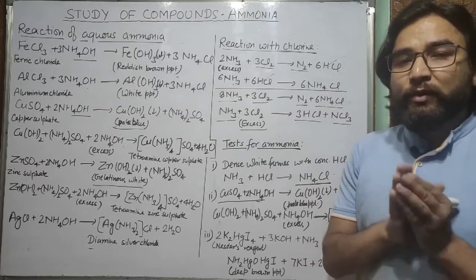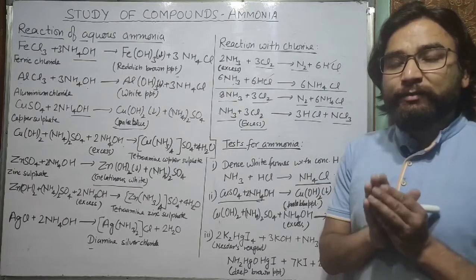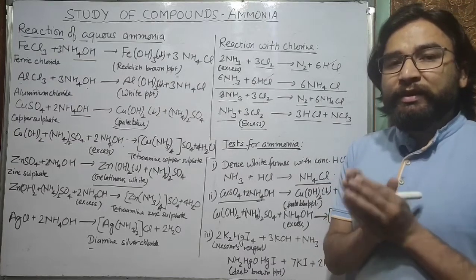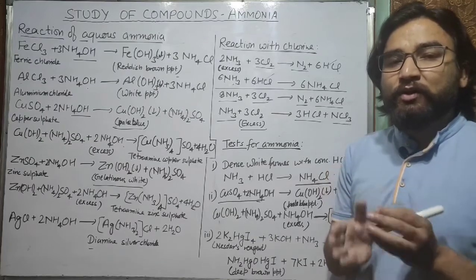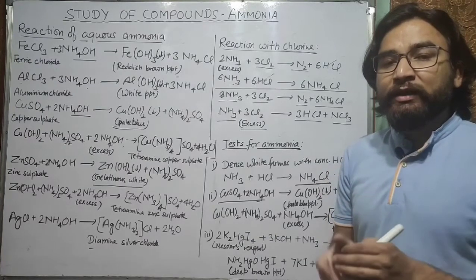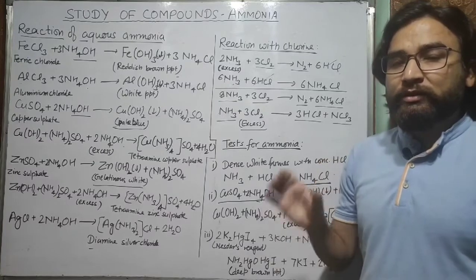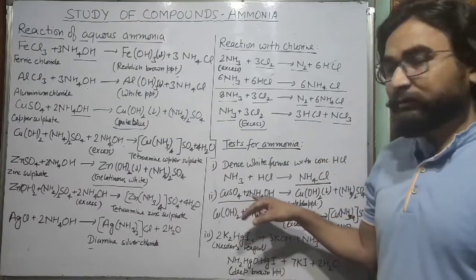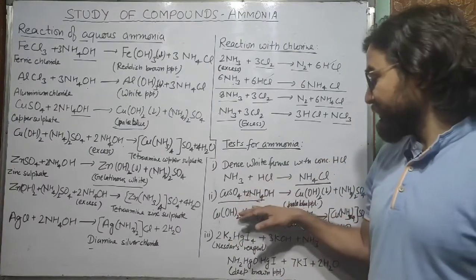So if copper sulfate reacts with ammonia, it will first form a pale blue precipitate, which on passing further ammonia will form a deep blue solution. If it happens, it means there is ammonia present in the gas.